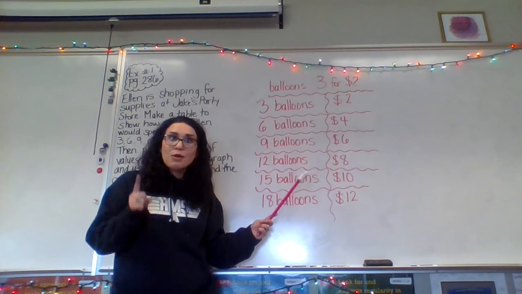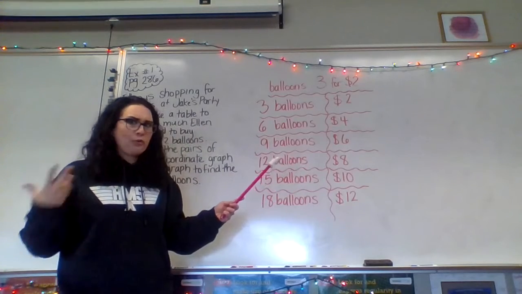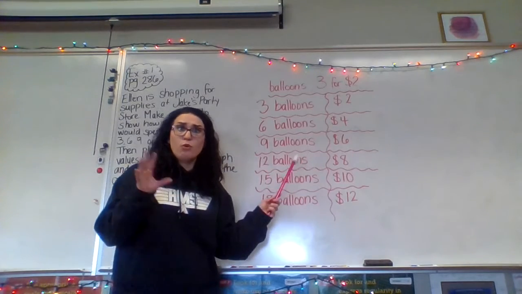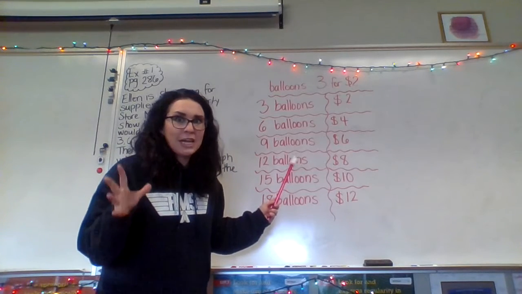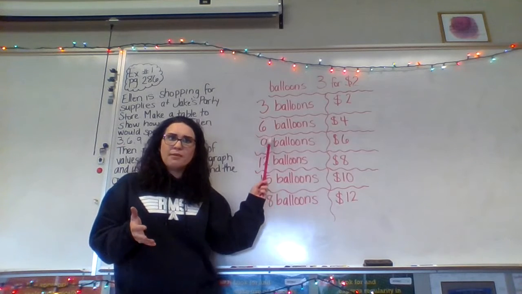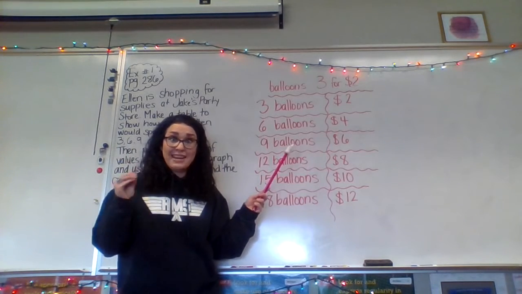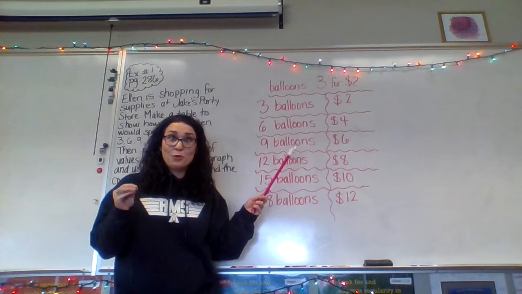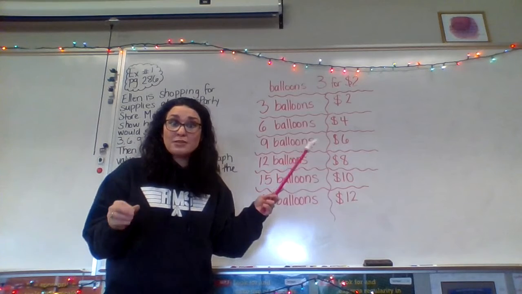Now, you're probably wondering, Mrs. Schlecht, that's all well and good, but it's talking about graphing, and this does not look like a graph. Well, you're correct. Someone in one of my classes, and I can't remember who, said, hey, this is kind of similar to an input and an output. Totally, those dependent and independent variables that we talked about a little while ago, and we also showed how to graph those.